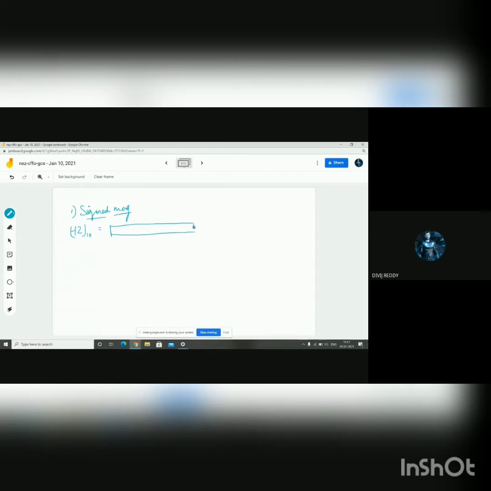Let us write the binary code, 1, 2, 3, 4, 5, 6, 7, 8. So the binary code of 12 is 0 0 0 0 1 1 0 0. To represent the binary code of minus 12, we have to take the most significant bit as 1.